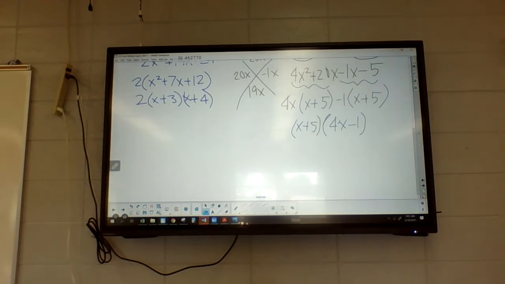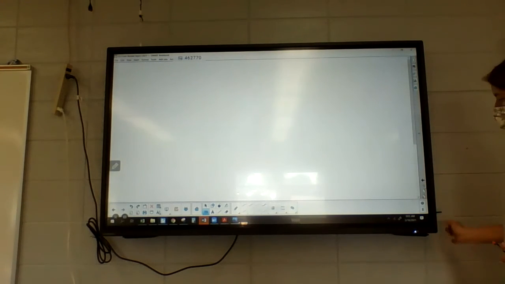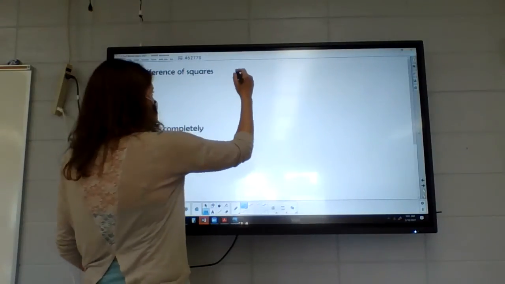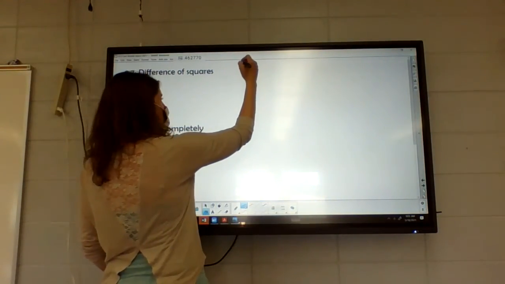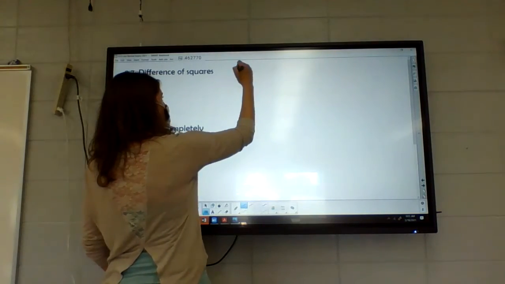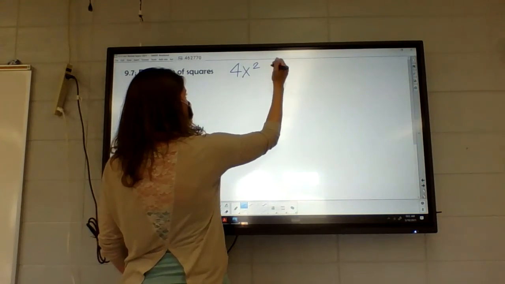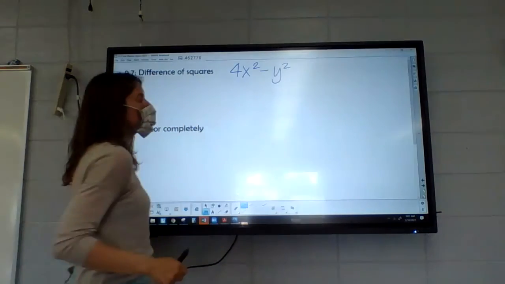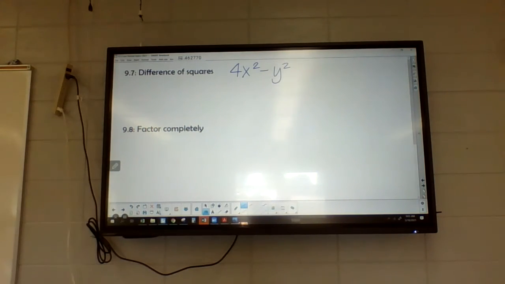All right, last couple here. So difference of squares, and then factoring completely. Difference of squares is when we have something like this, so it's subtraction and they're both perfect squares.